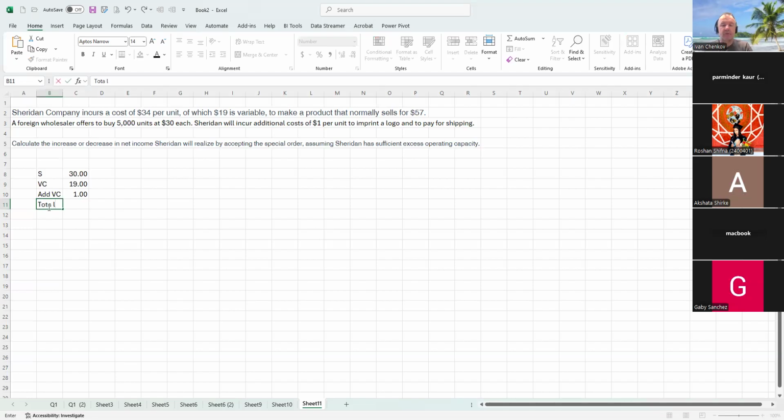So what am I going to have? Here I'm going to have the sales price. My sales price is $30. My variable cost is $20. So where's my contribution margin? It's $10.